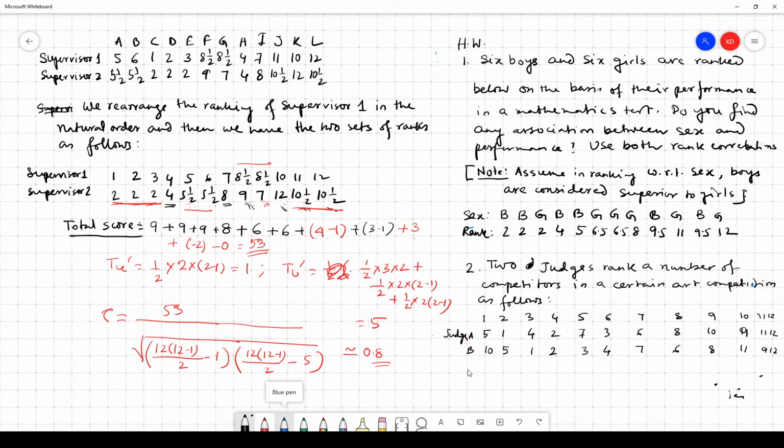Measure the association between the judgments of the two judges by using Spearman rank correlation and Kendall-Tau.